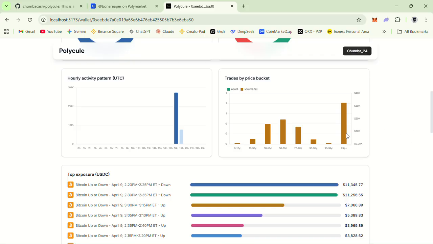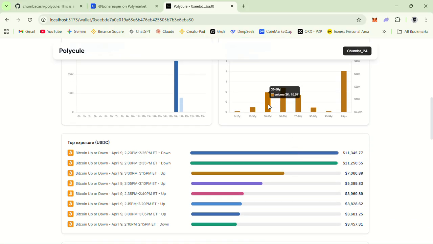You can see a lot of money is being spent at around 99 cents, followed by this bar, around 50 to 70. Another one is this, but you can see for yourself how much he's spending.